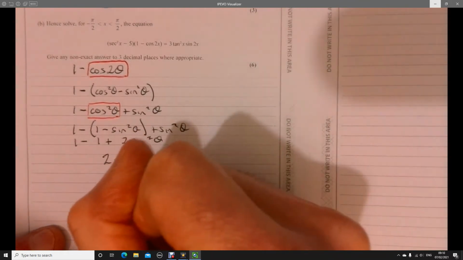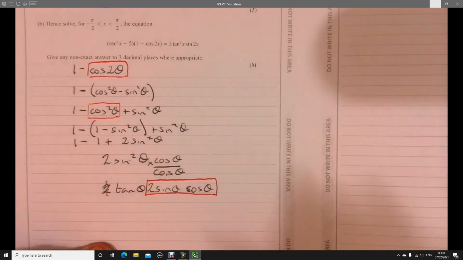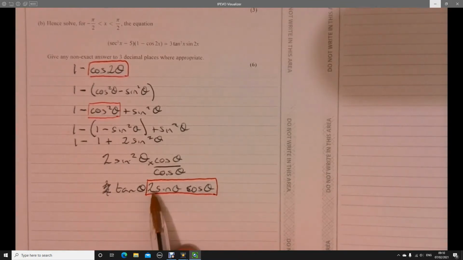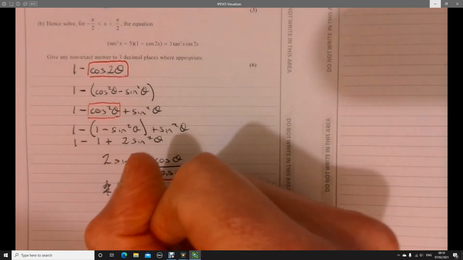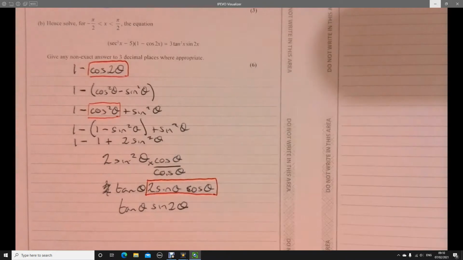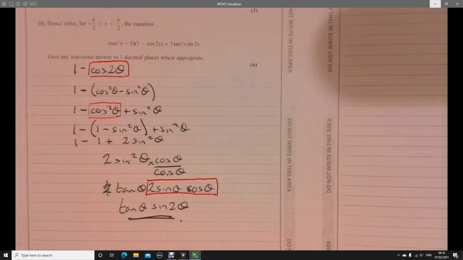Now, just to make it a little bit easier, I'm going to put that 2 just over there, because I also know about this part, and I should know that that's the same as sine 2 theta. So tan theta sine 2 theta, which is where we wanted to get to. There we go. Right, lovely job.